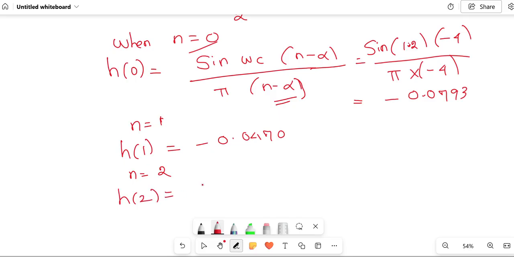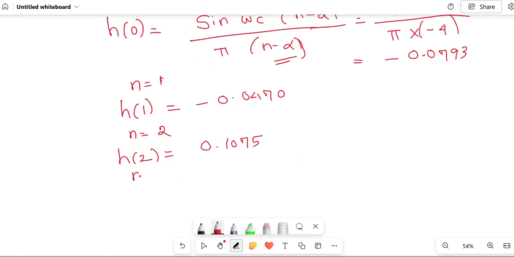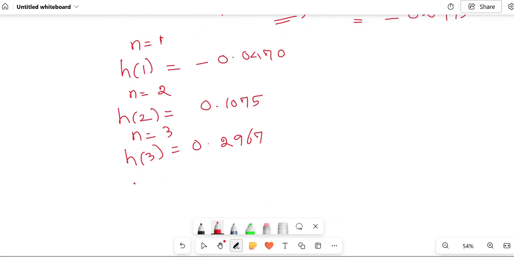For that, 0.1075. Then n is equal to 3, so h of 3 will be 0.2967. Now when n is equal to 4, what is the meaning of this? n is equal to alpha.